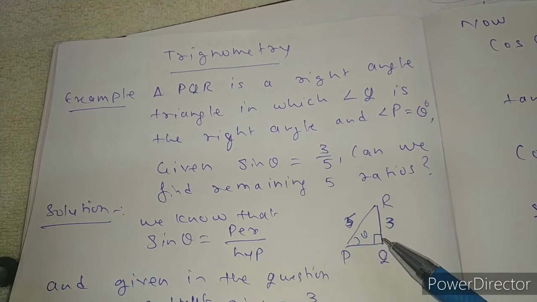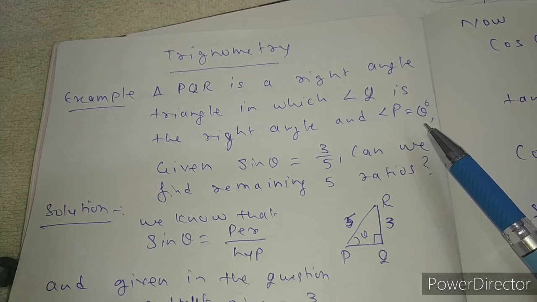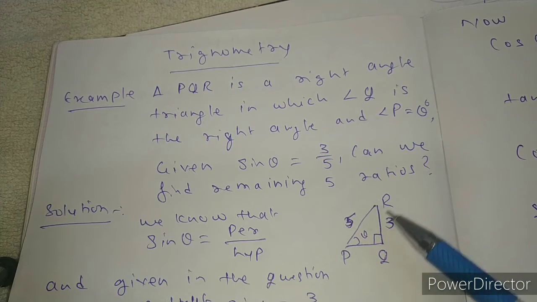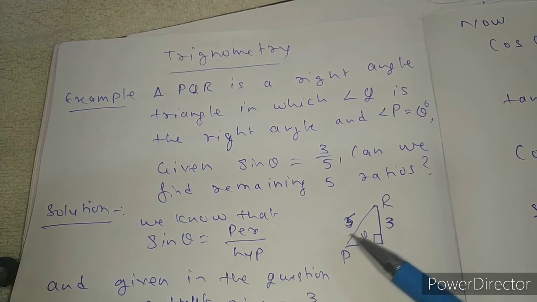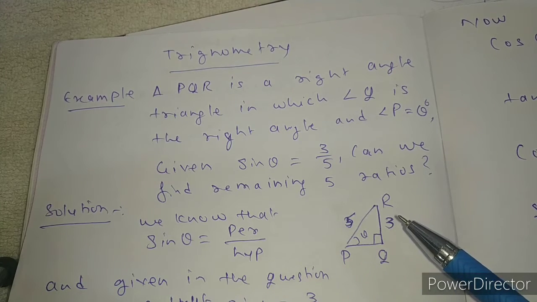For that we need to draw this diagram. As in the given question, this Q is a right angle which we draw and this P is theta degrees. As we know that sin theta is equal to perpendicular upon hypotenuse.